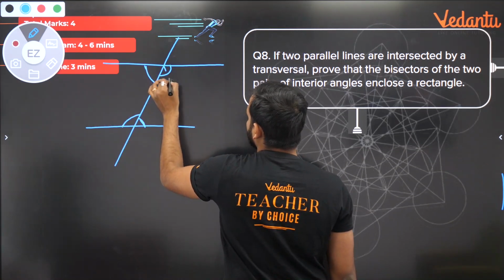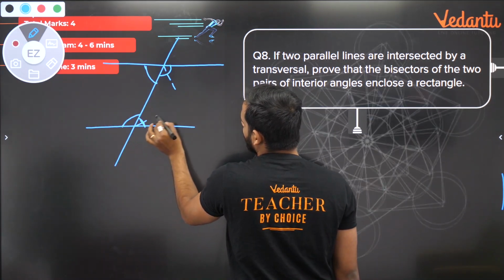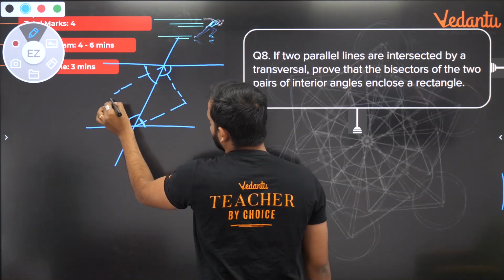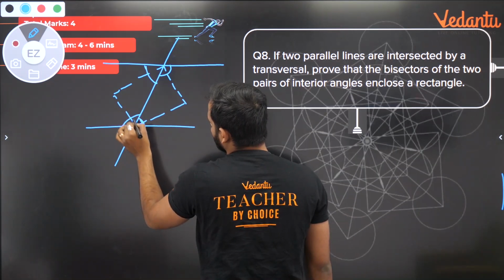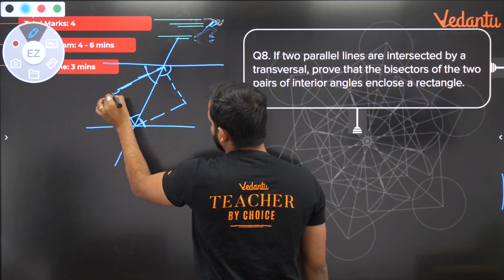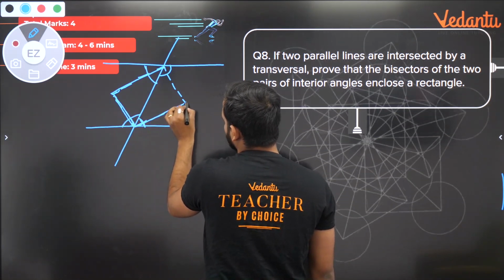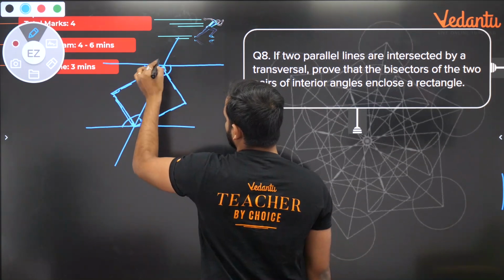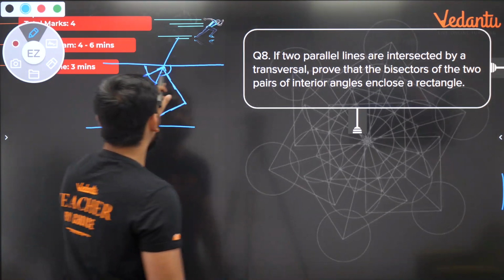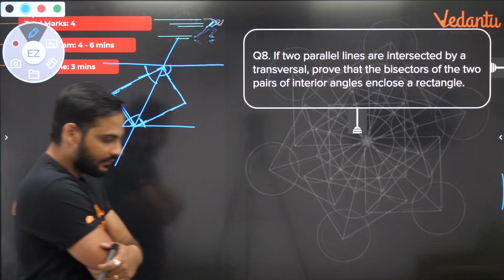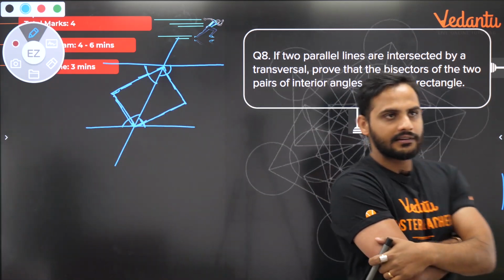So let us draw they are bisectors. Okay bachcho, so this is what you have to prove, that this part formed is a rectangle. Now how do you prove that any quadrilateral is a rectangle? There is a very easy method.